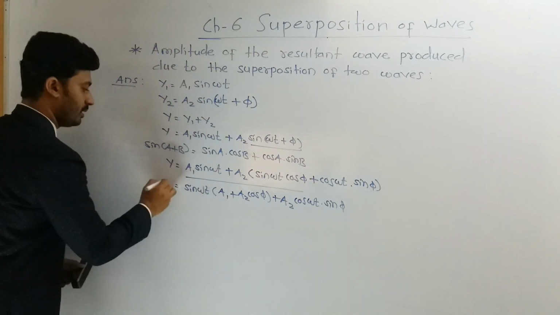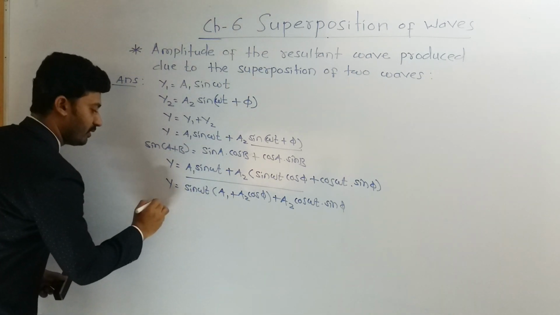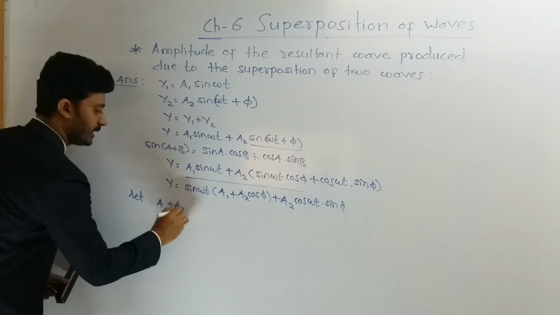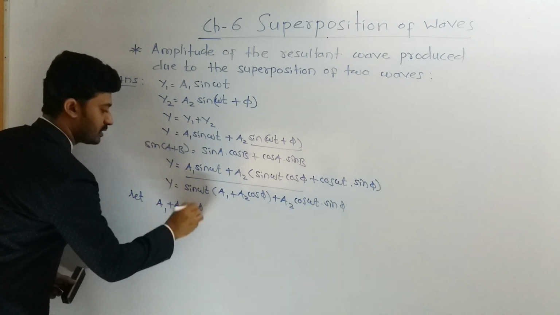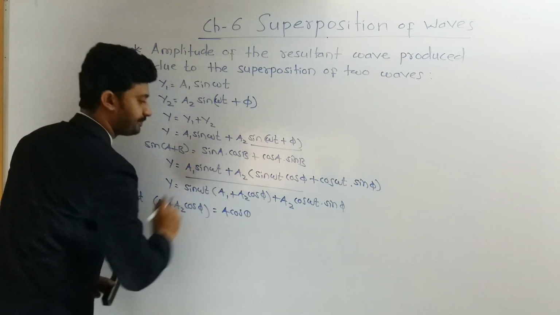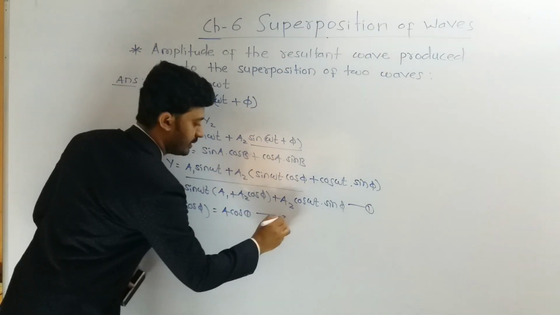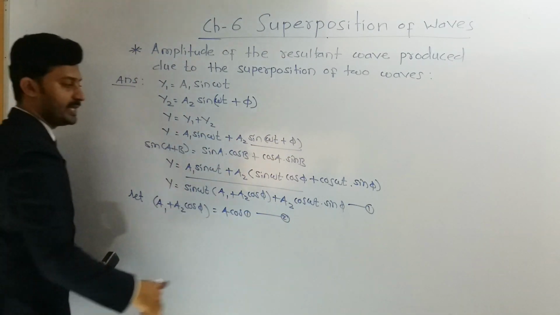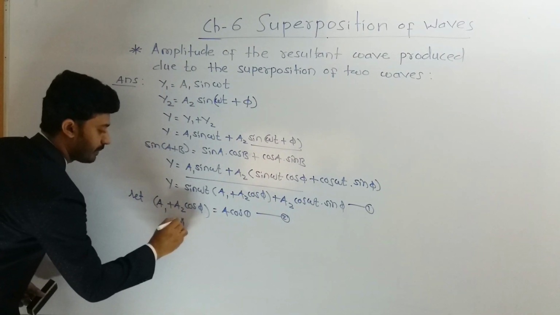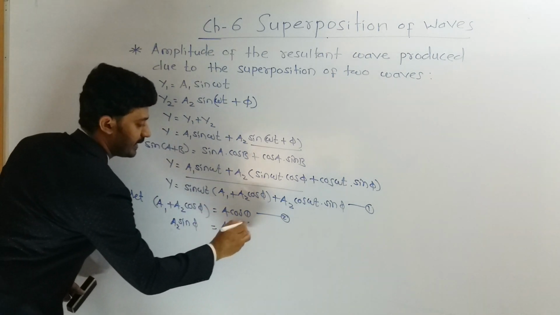Okay, now let us make some substitutions. Instead of a1 plus a2 cos phi, let us substitute A cos theta. Suppose this is equation number 1, this is equation 2, and instead of this a2 sine phi, let us substitute A sine theta.